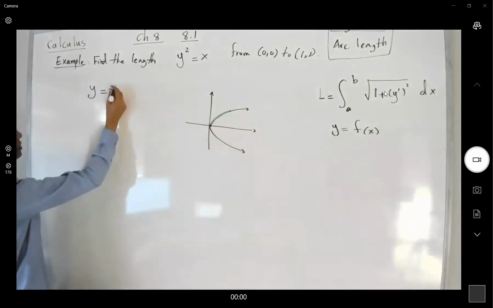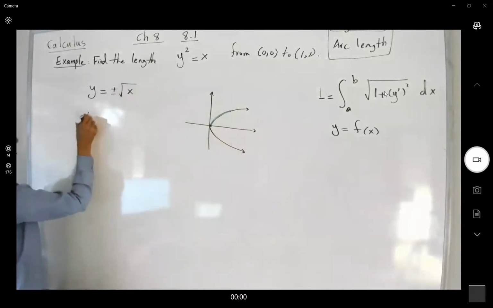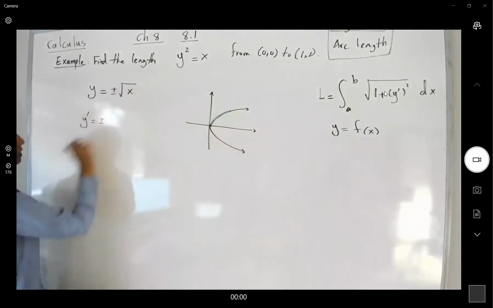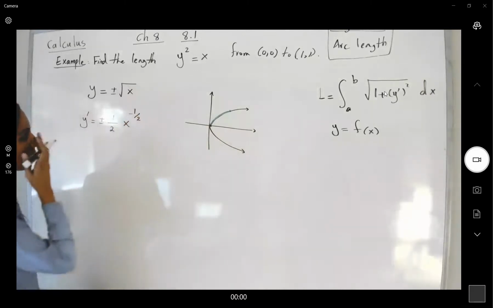So y is equal to plus or minus square root of x, and y prime is equal to plus or minus a half x to the negative a half.